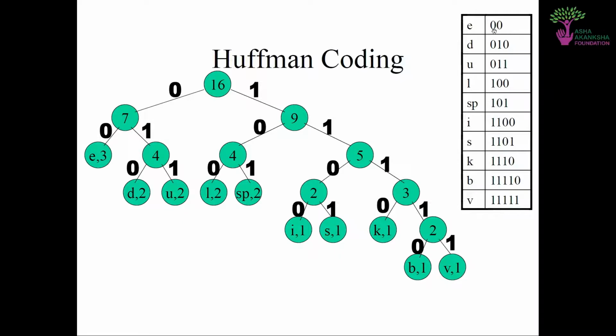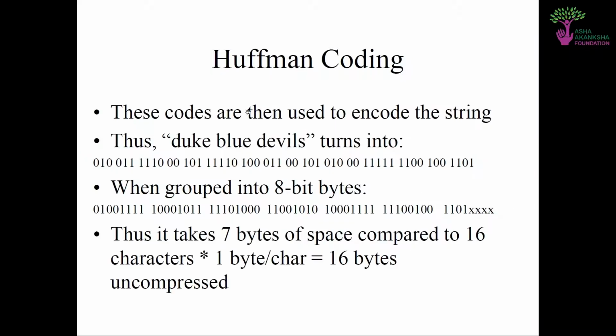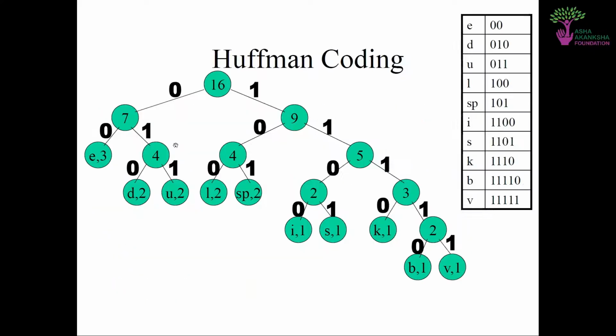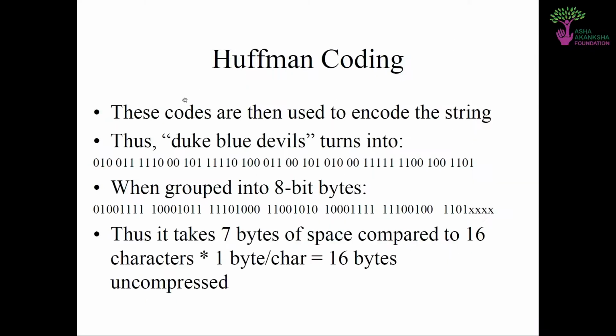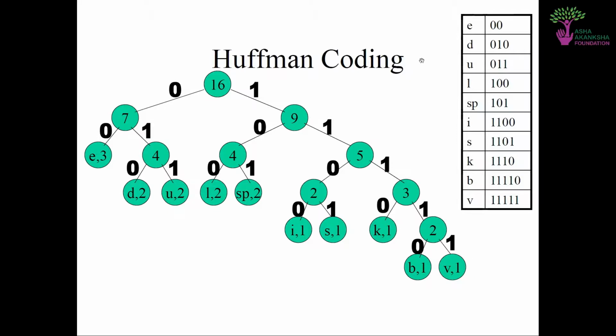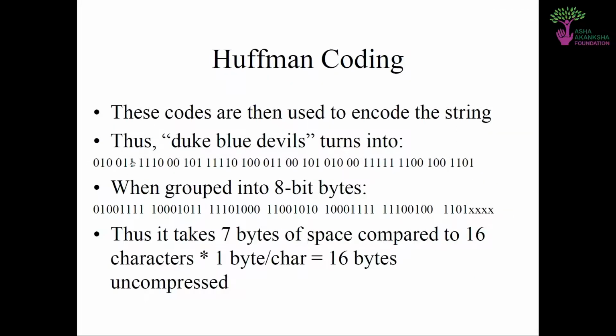So if we use these codes to assign these characters, we'll see here. So we have blue devils. For each character, we assign it that value. For D, we had value 0 1 0, so we assign the value 0 1 0. Then comes U. U has value 0 1 1, so we assign it next 0 1 1.